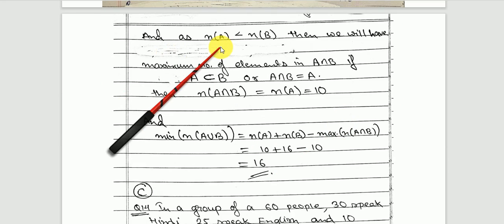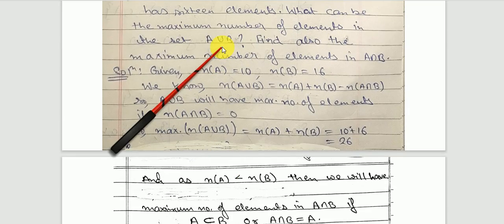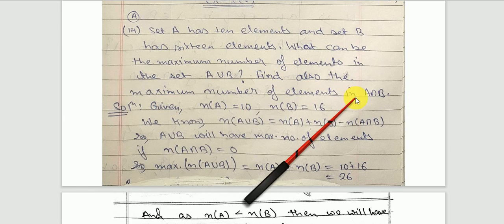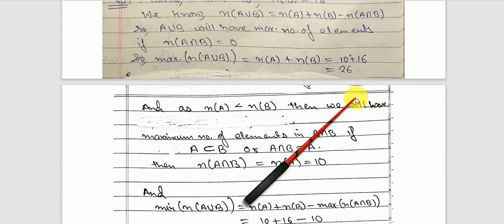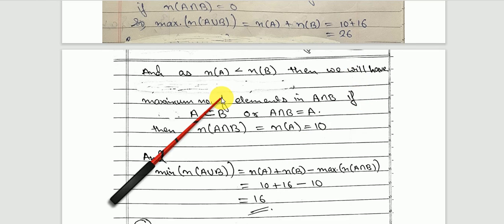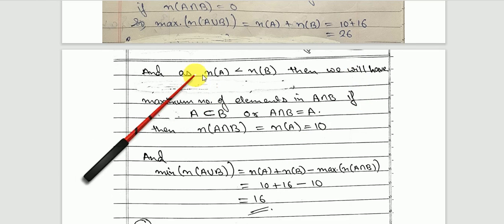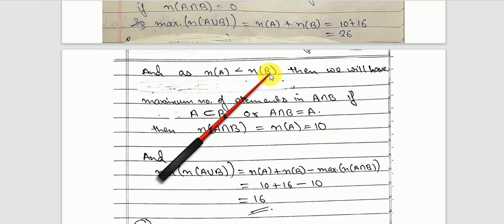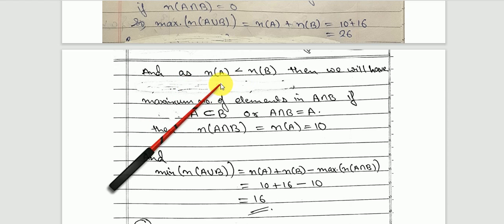Next it is asking to find also the maximum number of elements in A intersection B. So here, as number of elements in A is 10, that is less than number of elements in B, that is 16. So here 10 is less than 16.